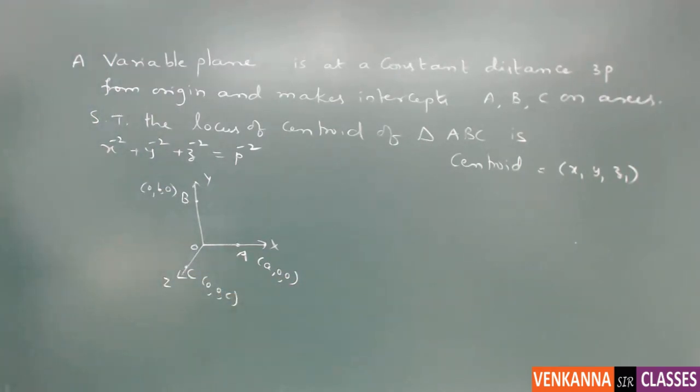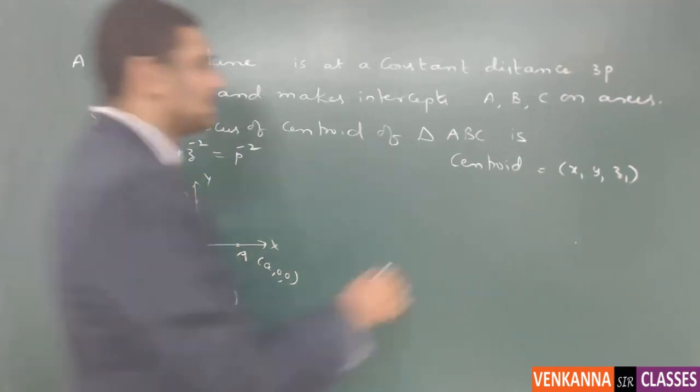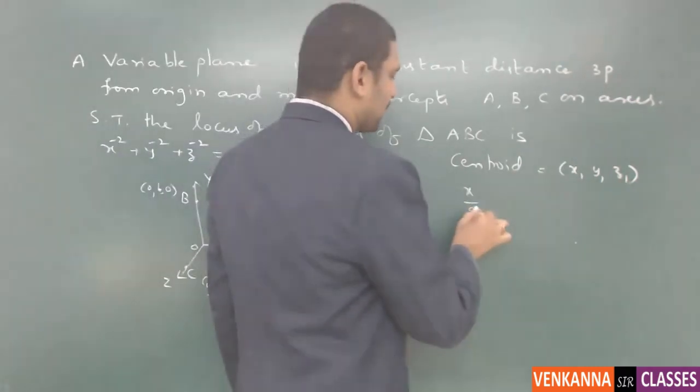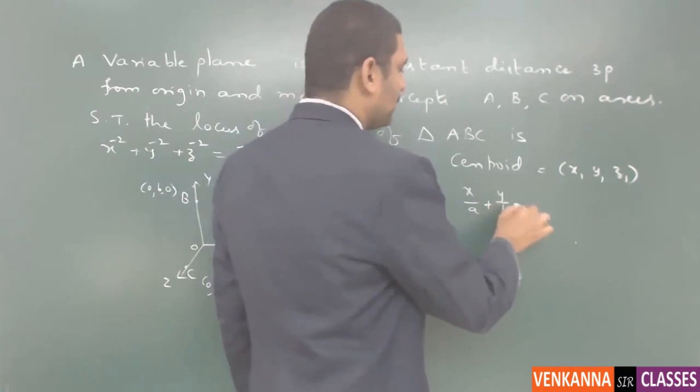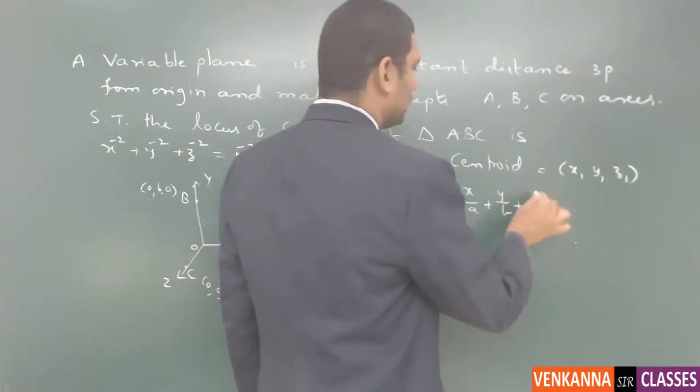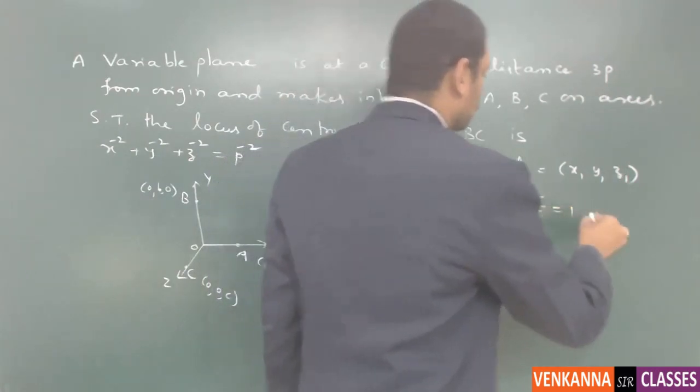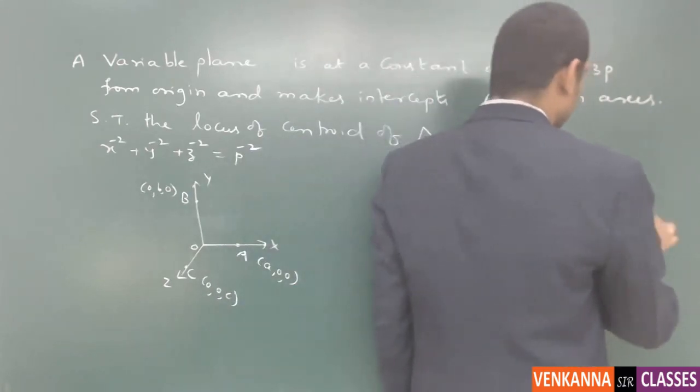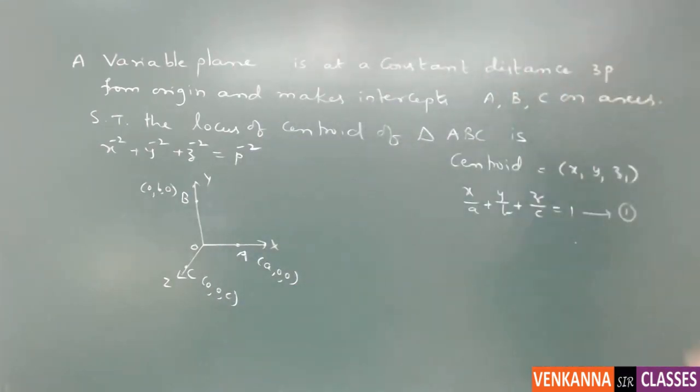So the equation of the plane containing the three intercept points is x by A plus y by B plus z by C equal to 1. This is our plane equation.